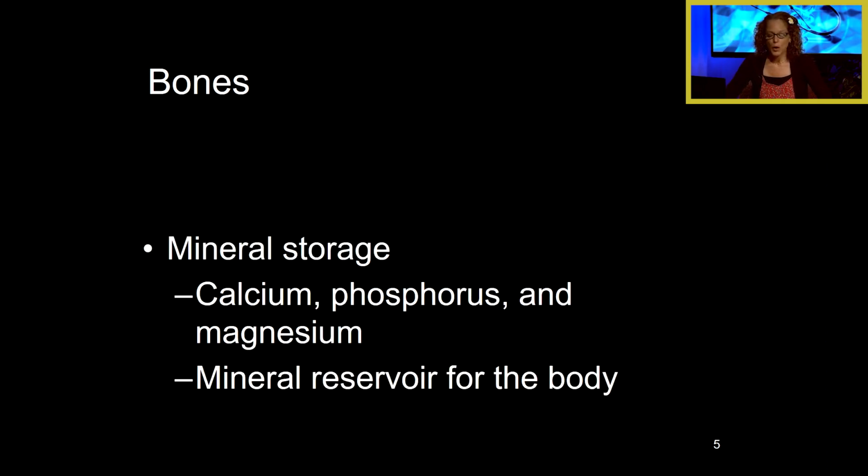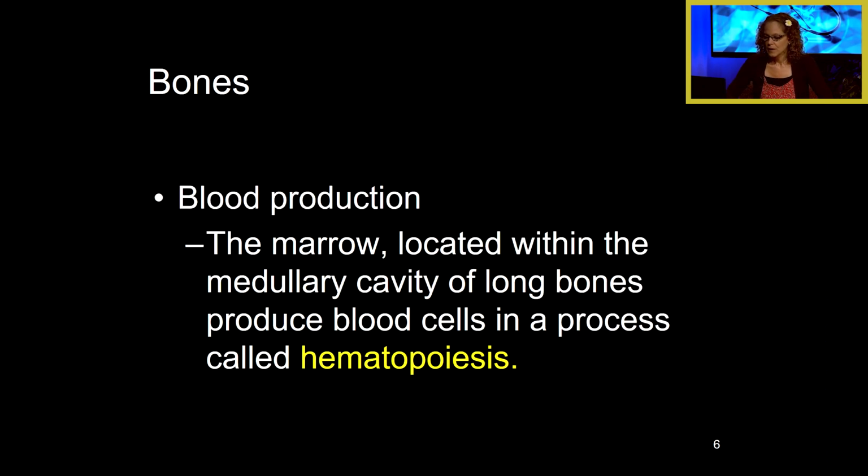Our bones store minerals. Some examples are calcium, which is the most abundant mineral in the body, phosphorus, and magnesium. So we can think of the bones as like a mineral reservoir for the body. Bones are also the way we make blood.